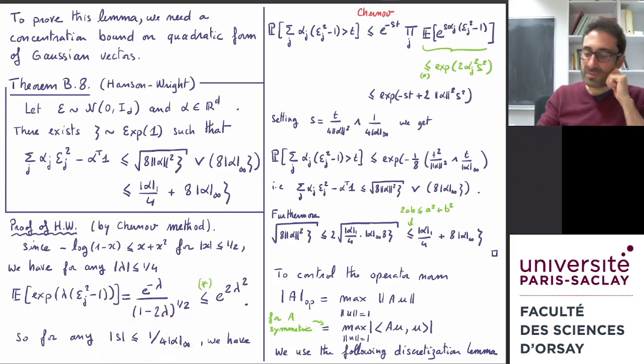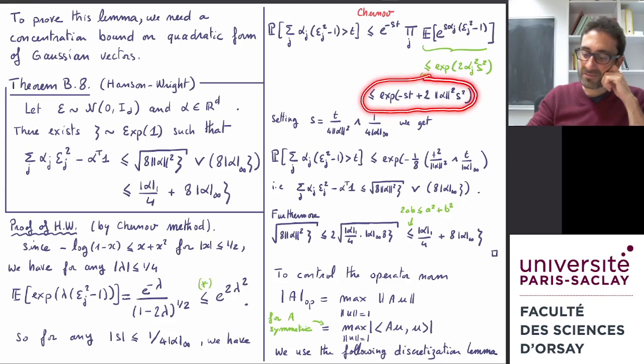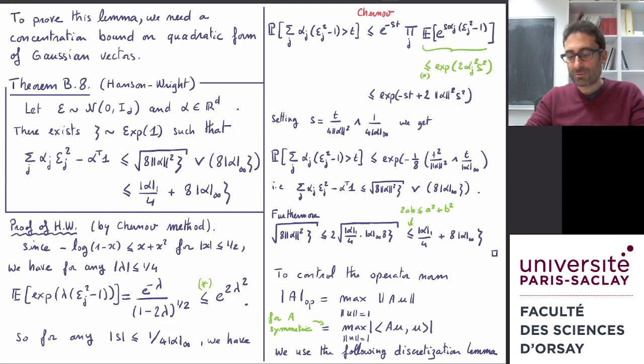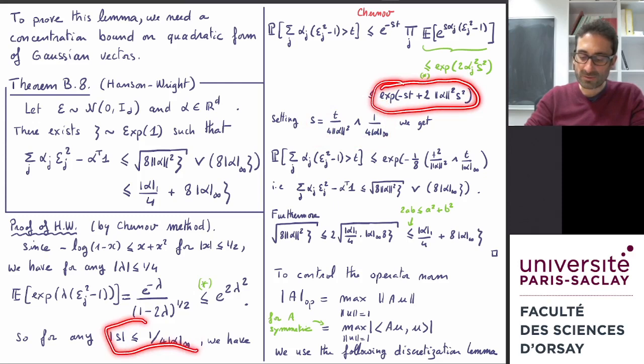So now we want to make this bound as small as possible. This is a simple computation. What you see is that you need to choose s of this size. So this s is the s which minimizes this quantity under this constraint.